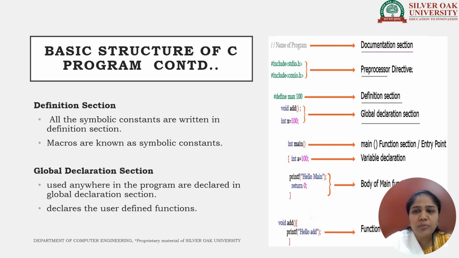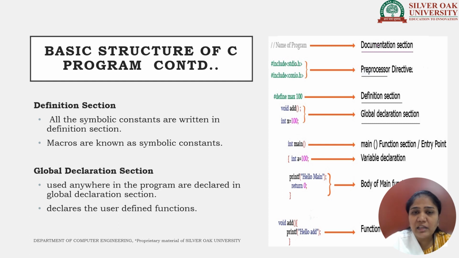There are two types of declaration concepts. One is global declaration, another is local variable, or I can say local declaration. In our given example, you can see inside the int main function we have int a with the value 100. So this a is known as a local variable. Why? Because this a is declared within the main function. You can see the opening and closing curly brackets of main.